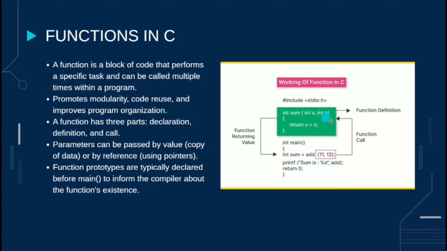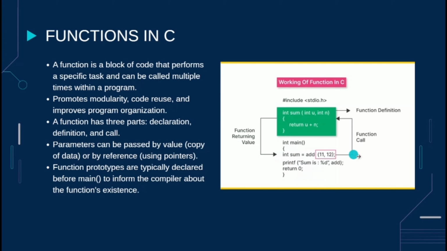So here we have the function definition. These are called the parameters, which can be passed by value or by reference using pointers. And the function can either have or may not have a return value. Now this includes the main part of the program where you can call the function n number of times.